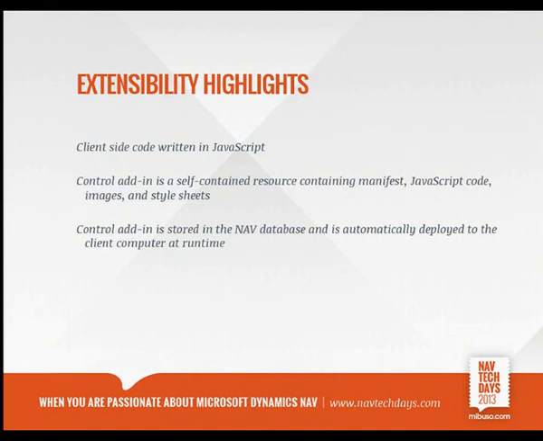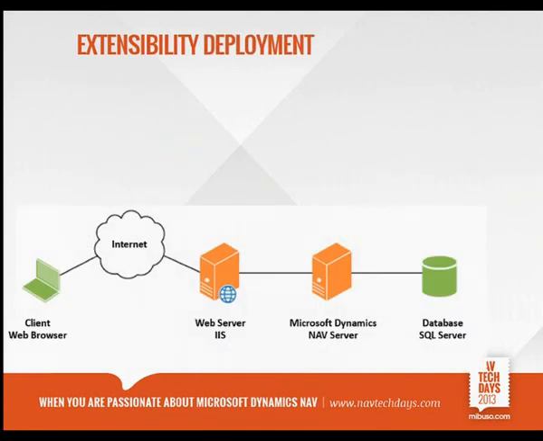All right. So let's talk a little bit about how the deployment works. The first thing we're going to do is upload our add-in into the database. And when the browser loads a page that contains your control, the server will read this zip file, unpack it, and deploy your components on the web server.